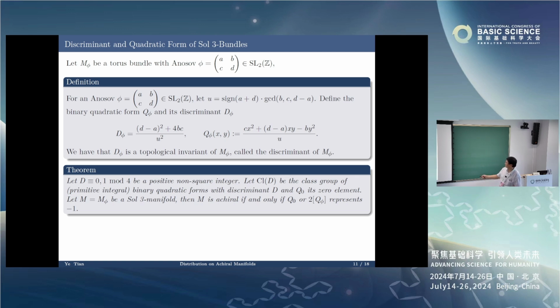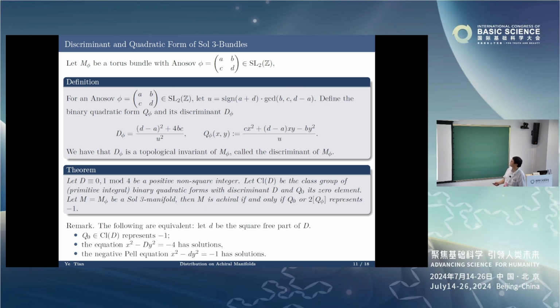So topologists describe this mapping degree set using this quadratic form and the form corresponding to the negative Pell equation, and we found actually the following result. The mapping degree set contains -1 if and only if 2 times this quadratic form can represent -1. Okay, so this is the key observation.